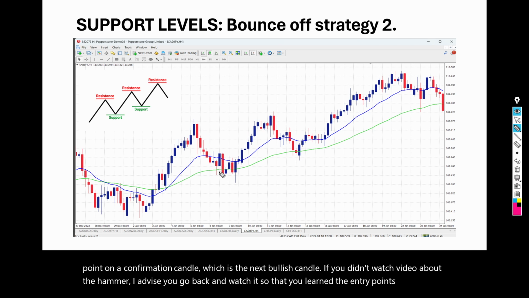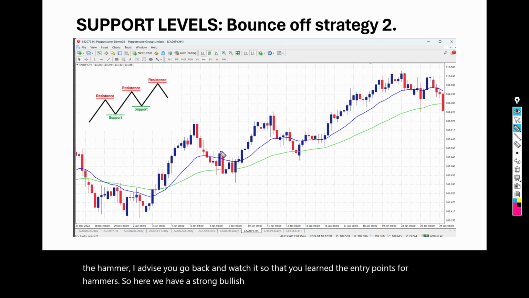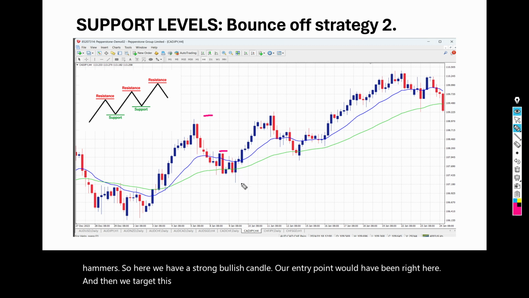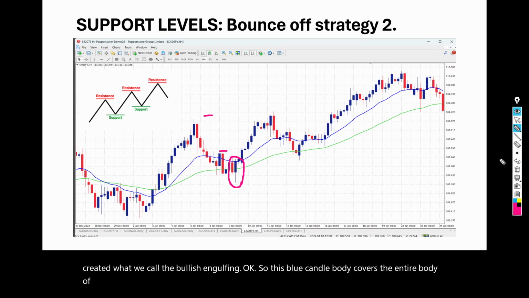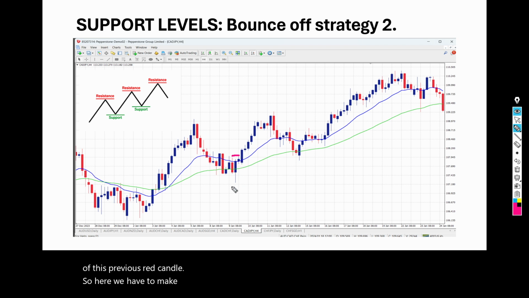So here we have a strong bullish candle. Our entry point would have been right here, and then we target this price. Okay, so you can see that still after failing to come up here, it created what we call the bullish engulfing. Okay, so this blue candle's body covers the entire body of this previous red candle. So here we have to make our buy stop order, stop loss 1.